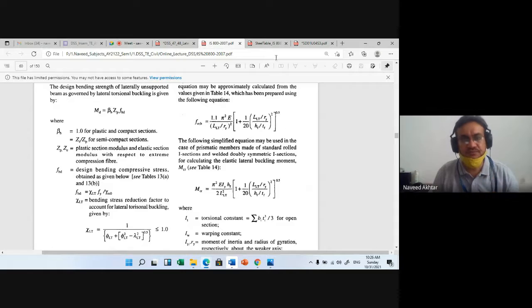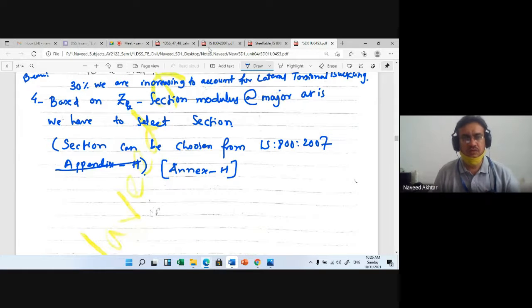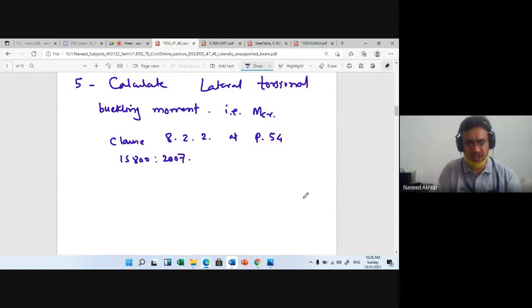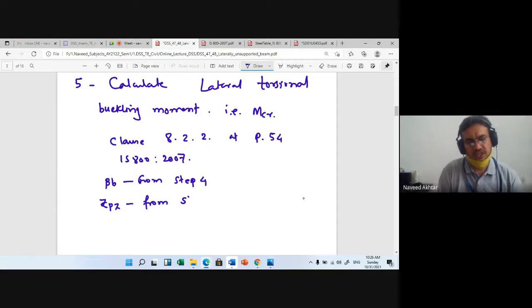ZPZ we know now from the chosen section. And from the section classification, beta B we know. So to find out the MCR, you know beta B from step number 4. You know the ZPZ from step 3.